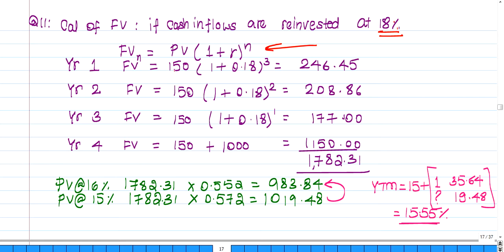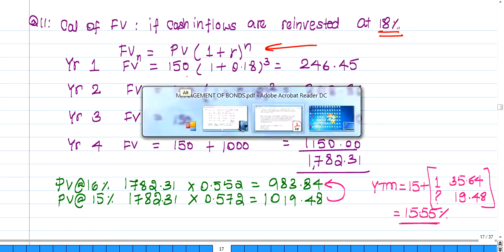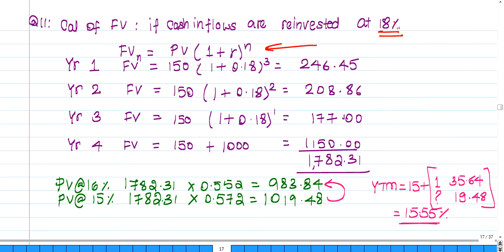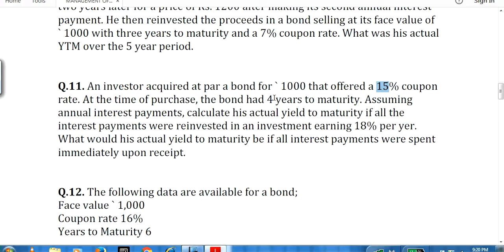So future value is equal to 150, 1000 into 15%, 150 into (1 plus 0.18) power 3, you will get 246. Why power 3? How many years? 4 years.